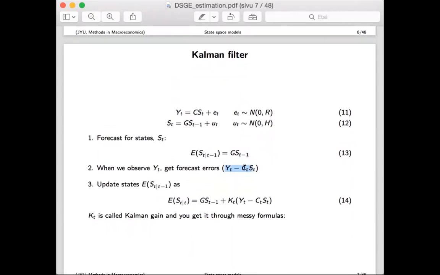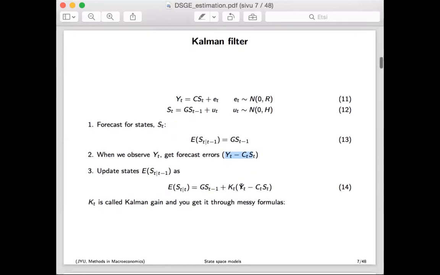We get forecast errors for the measurement equation, and see how well our forecast for states constitute the observed series for log of GDP.